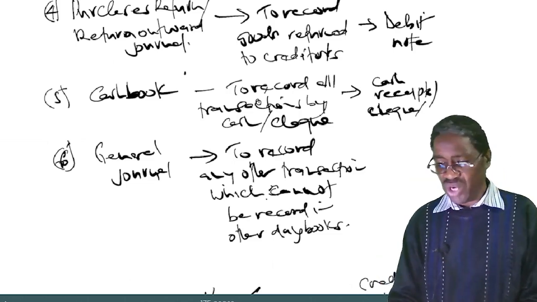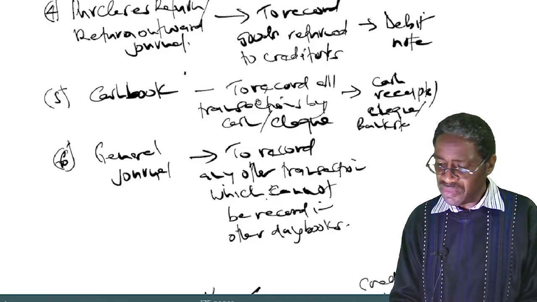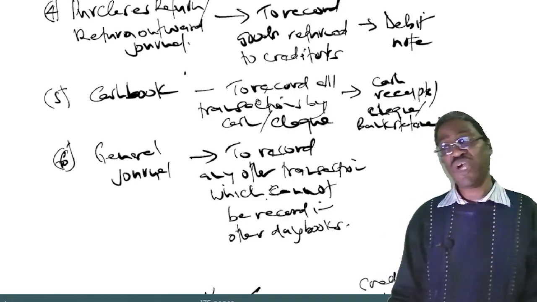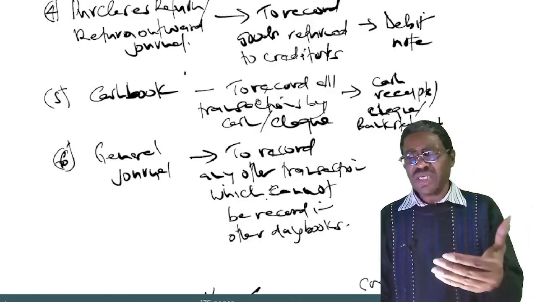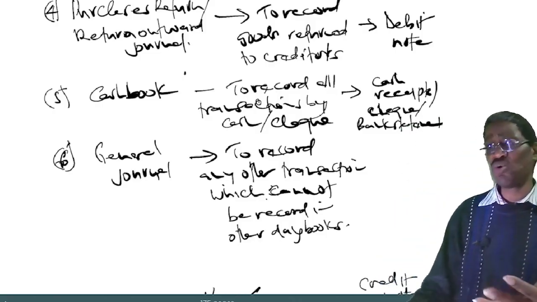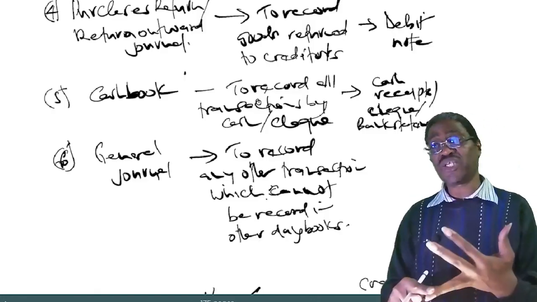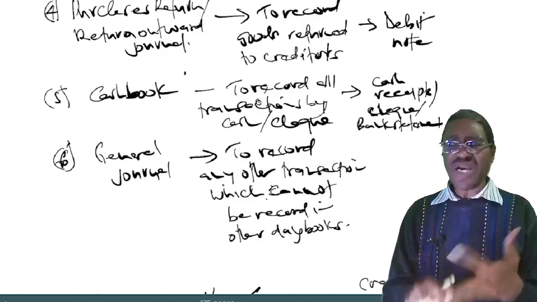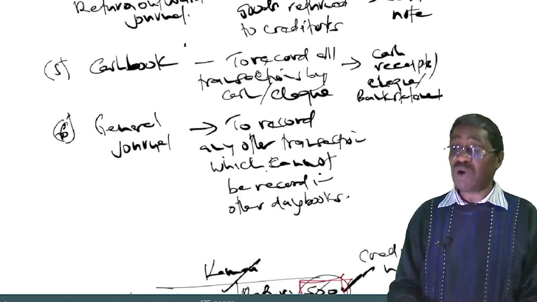So you can also use the bank statement as a source document to get the information you will use to record in the cash book. So we are saying the source document for the cash book can be a cash receipt, or a check, or a bank statement, or any other relevant document that was prepared out of the cash transaction.